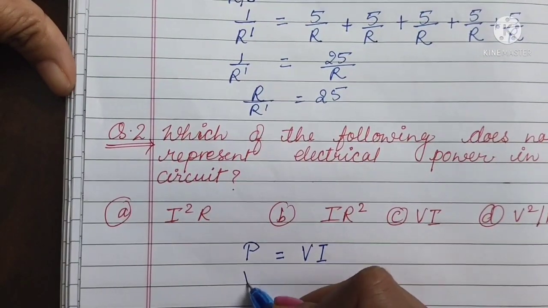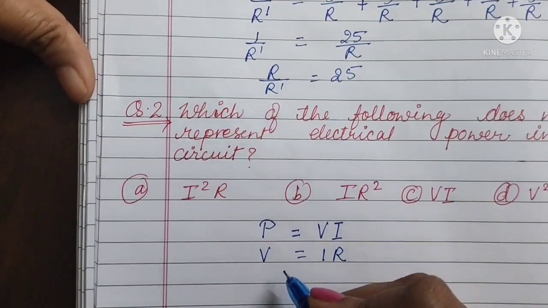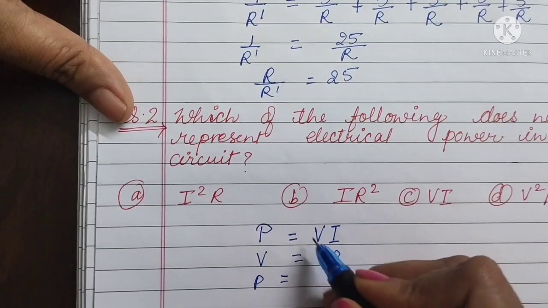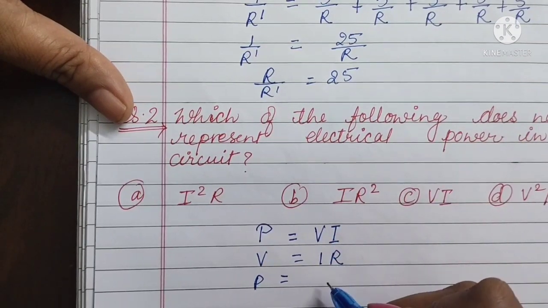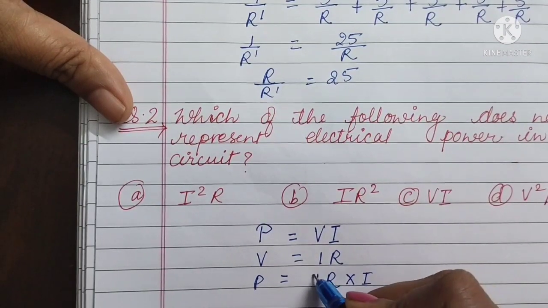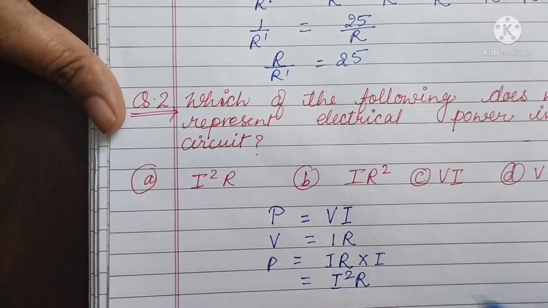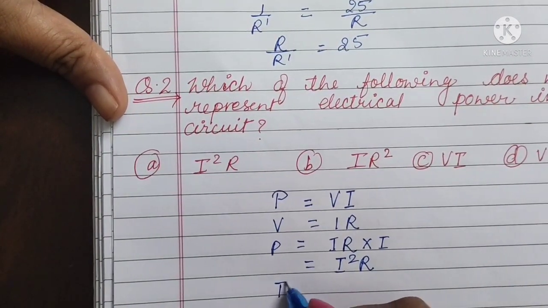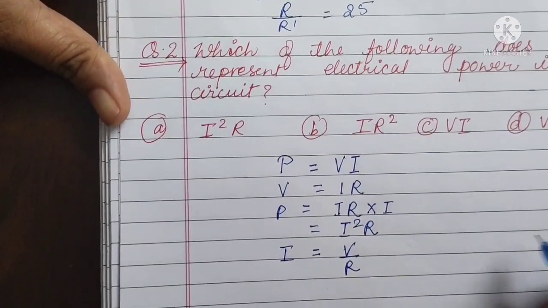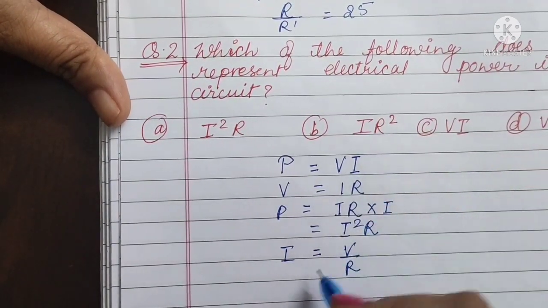and also we know that V equals IR. So we can put the value of this V in the first equation. Okay, so it will be IR into I. So that will be equal to I square R. Okay, now also we can write I equals V by R, and we will put this value of I in the first equation.